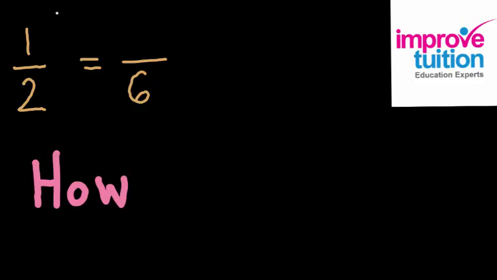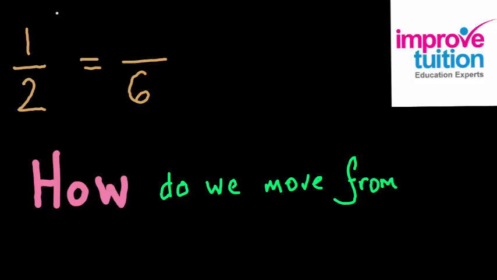If we've got a half, again we're doing equivalent fractions, and we have a denominator of 6 in the next fraction, how do we move from a denominator of 2 to a denominator of 6?